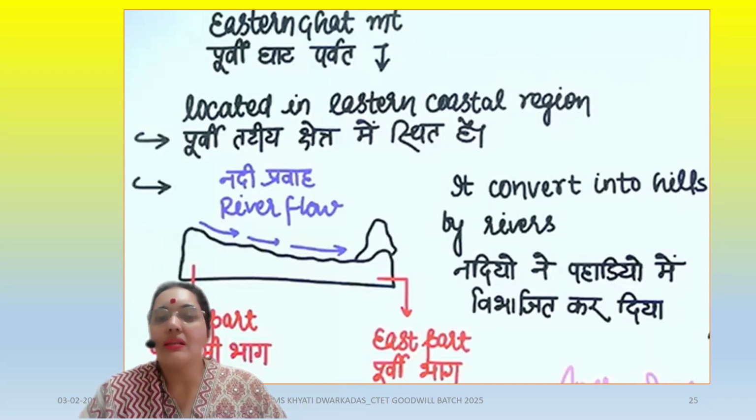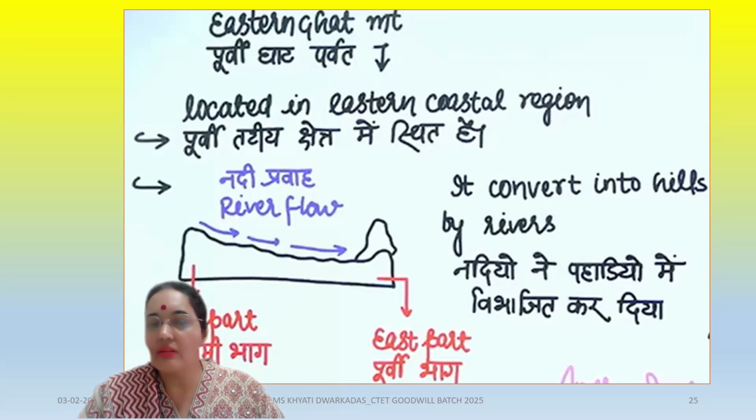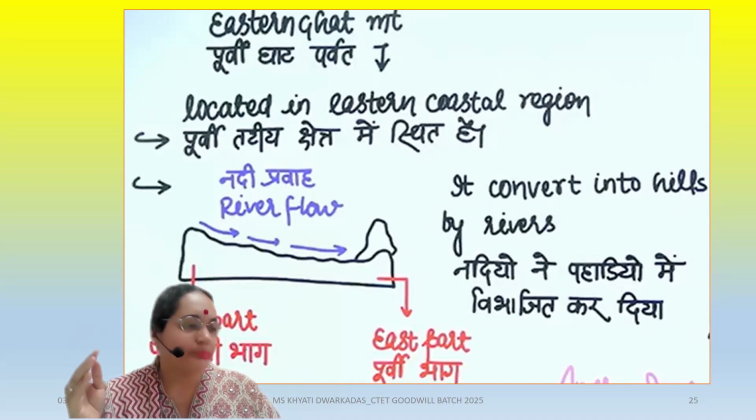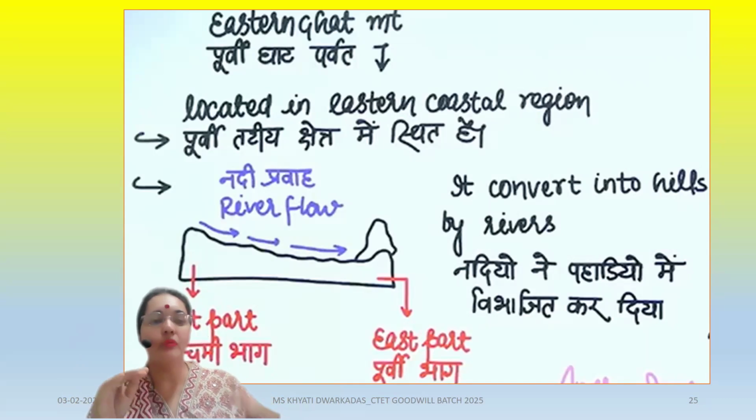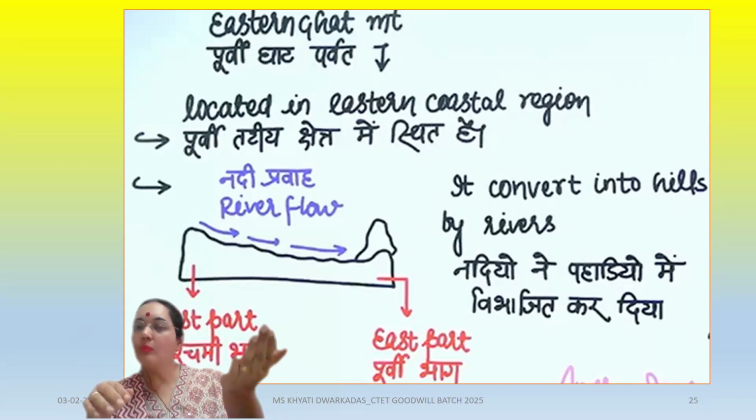The Eastern Ghats are located just before the Eastern Coastal Plain. Like I told you, they border the Deccan Plateau. Now, this is a diagram of the Deccan Plateau. And what you notice is, in the west, the Deccan Plateau is higher.